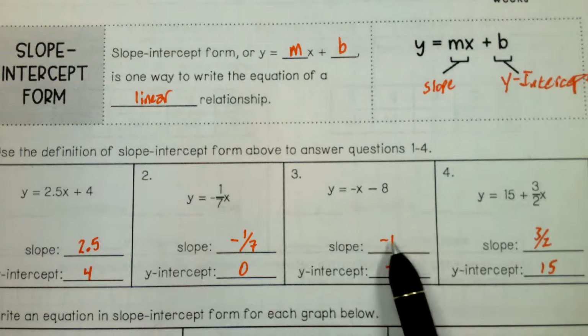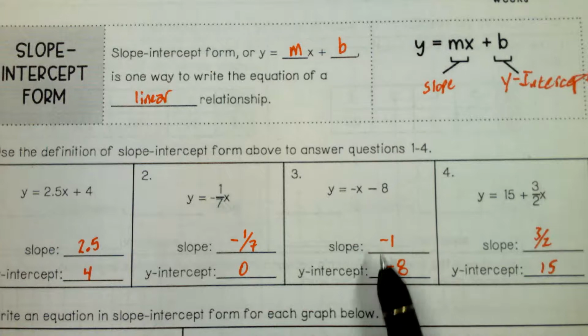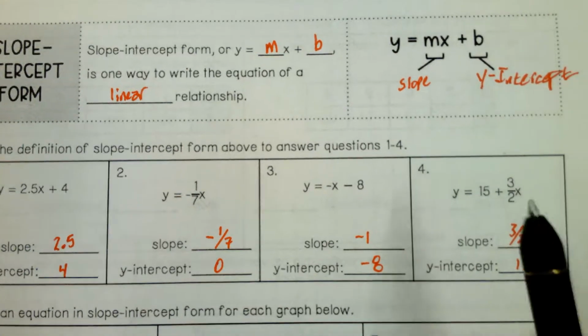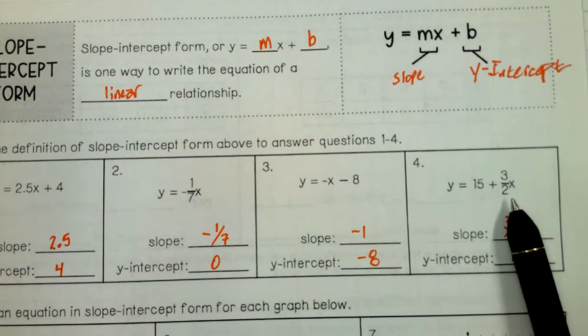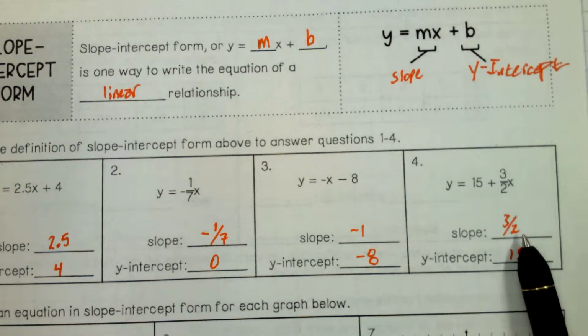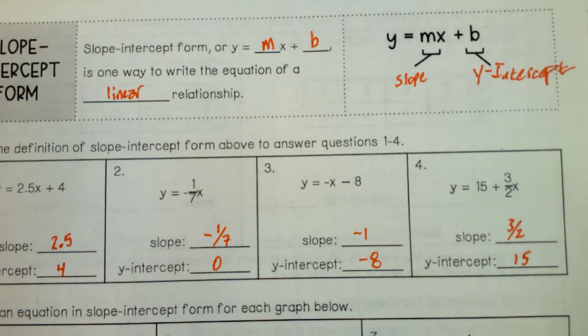Here it's negative 1 for the slope. Our coefficient for x is negative 1, and negative 8 for the y-intercept. And finally, they could be in reverse order, but the coefficient for x is 3/2, so that's the slope, and the constant is positive 15, so there you go. Okay?